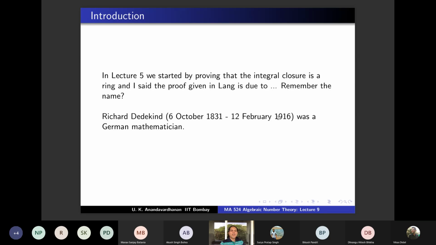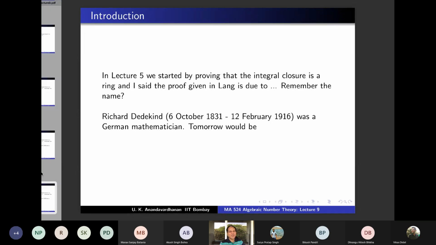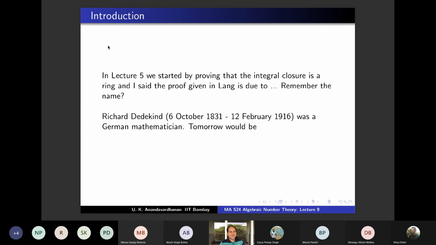Okay, so here I have put the dates. Usually I don't put the dates. Do you want to take a guess why I put the dates? I have a lot to cover today. Today is 11th February, and I noticed 12th February. In fact, I thought of cancelling today's lecture and taking an extra class tomorrow for this planned coincidence, so to say.